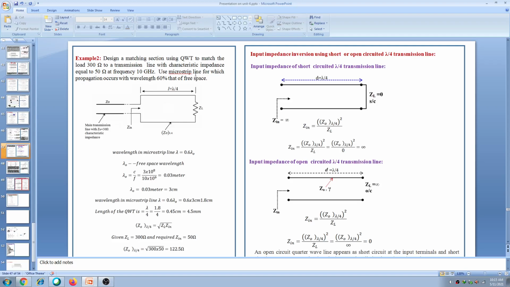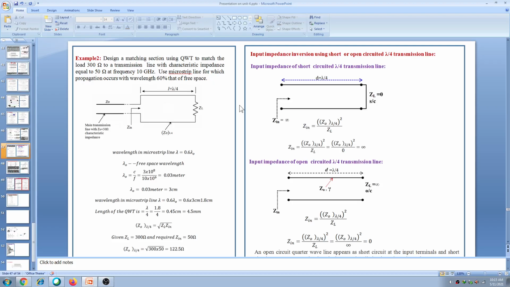So the transmission line is a microstrip line, for which the propagation occurs with a wavelength of 60% that of the free space. The signal wavelength passing through the microstrip line is 60% that of the free space.